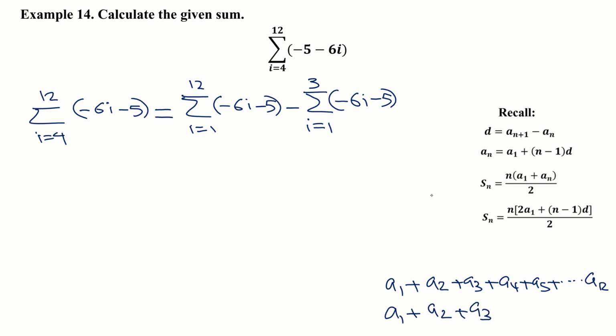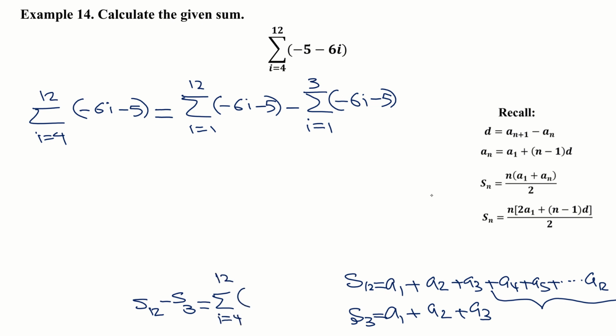So this is S12 and this is S3, right? Now, if you take S12 and subtract from that S3, what do you end up with? You end up with this. What is that? That's the sum from i equals 4 to 12 of the expression we're interested in. So that's how the logic works, okay?